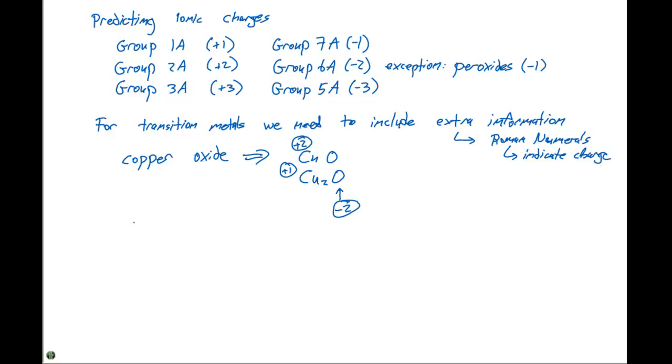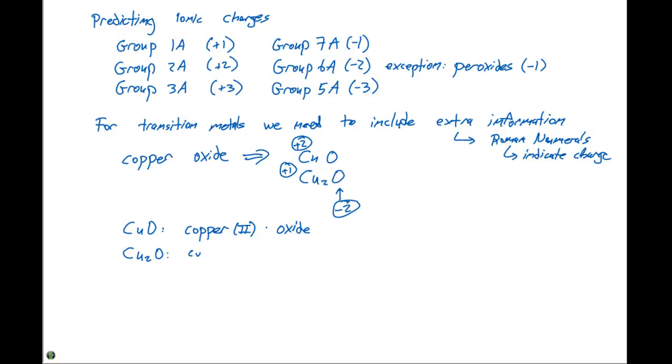So if we go to name each of these, the first copper oxide is going to be copper(II) oxide, and this Roman numeral indicates the charge of the copper ion.